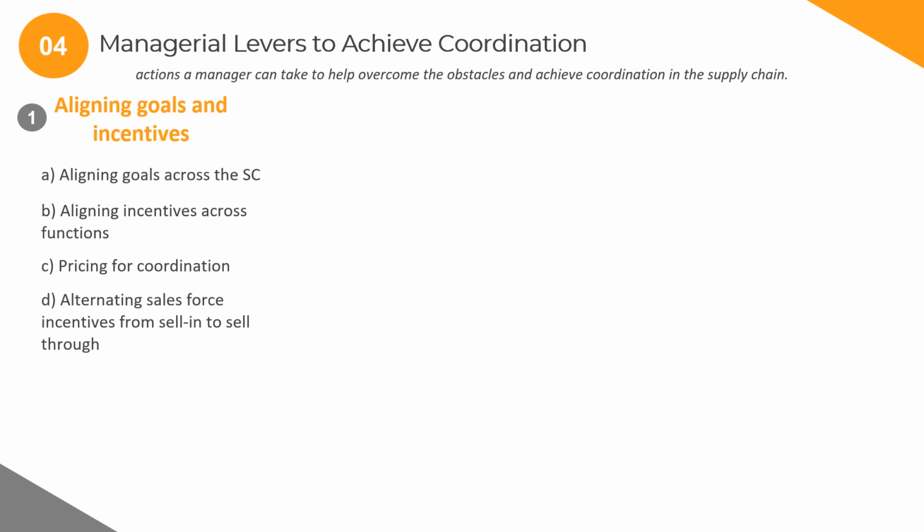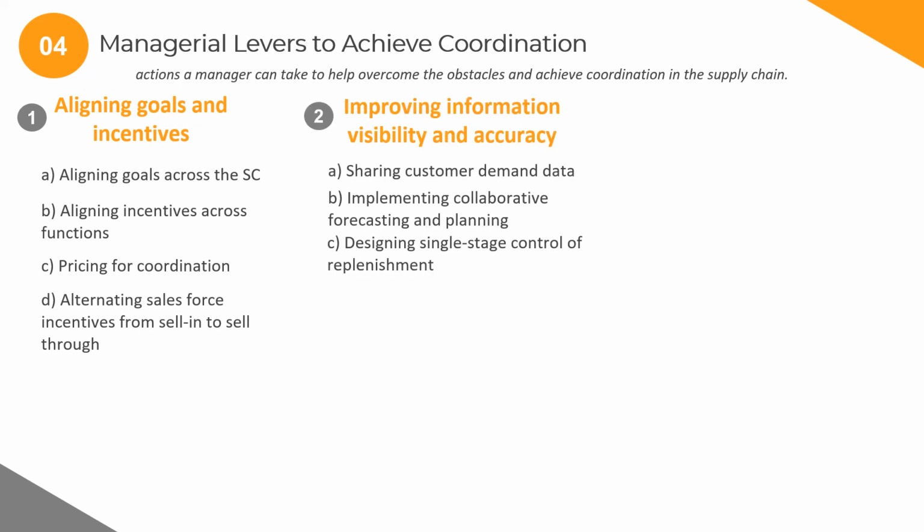So sell-in is the quantity sold from manufacturer to distributors or retailers, whereas sell-through is the quantity sold to the final customers. And then the second one is improving information visibility and accuracy. That is, by sharing customer demand data, implementing collaborative forecasting and planning, and designing single-stage control of replenishment.